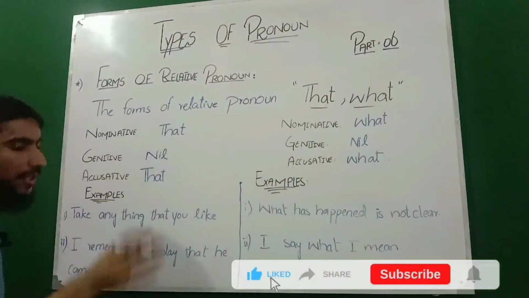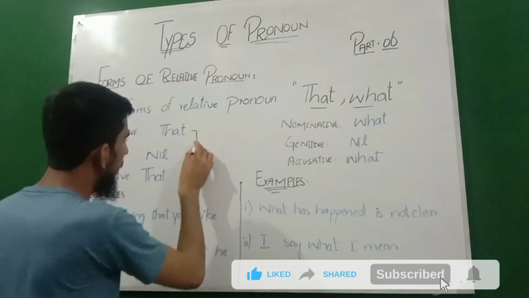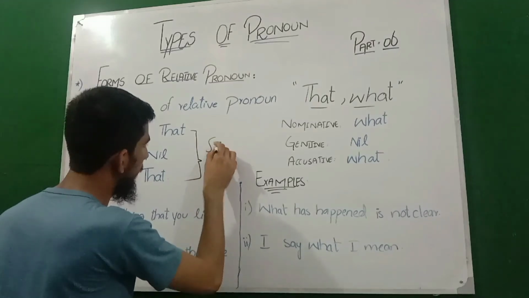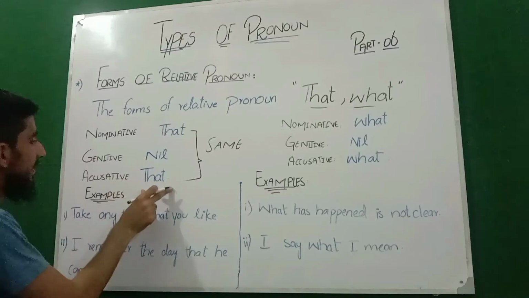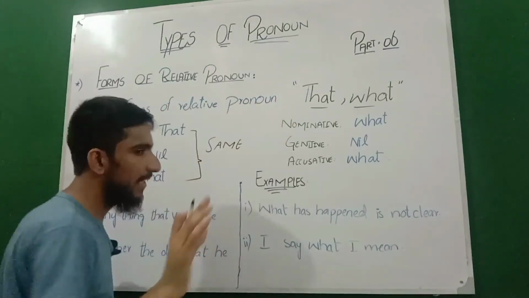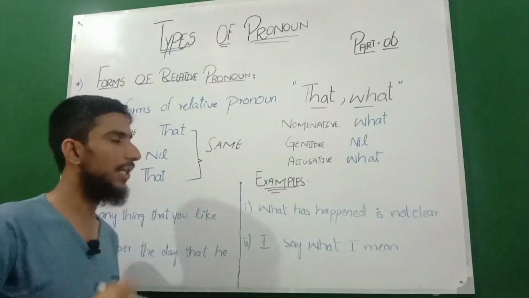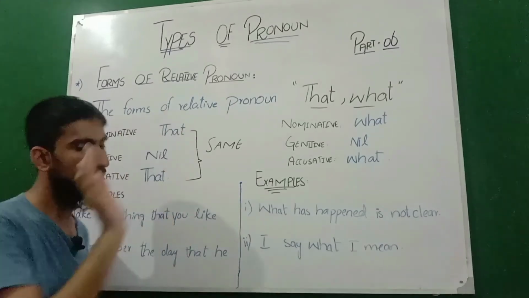The nominative and accusative cases of "that" are the same. The nominative case is basically a subjective case, and the accusative case is basically an objective case. So the relative pronoun "that" has the same nominative case, which is "that", and the accusative case is also "that". Now remember that there is no genitive case of "that".